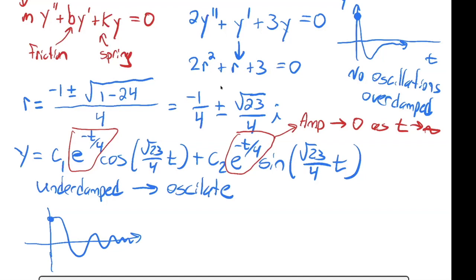One thing that's nice about this mass spring system is that we can connect the behavior of the mass to the different types of roots of the characteristic equation that we've seen.